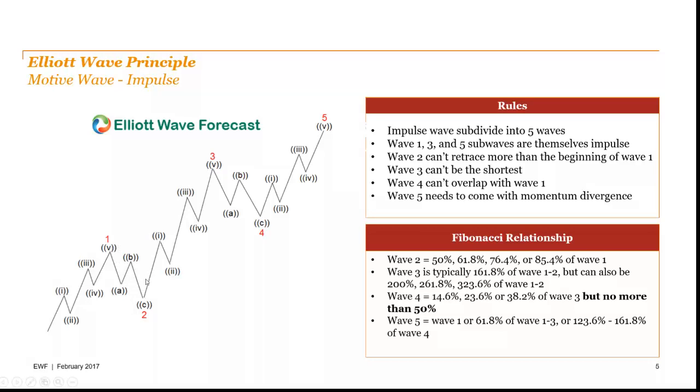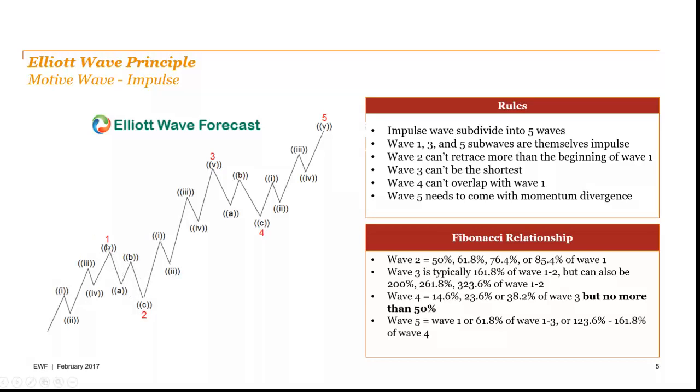In wave 4, it can be any corrective pattern. It can be a zigzag, flat, triangle, double zigzag. But in the example, I cannot give you all those different structures, right? So usually this is the standard way to show you guys what a wave 2 should be like. This is 3 waves, but in reality it can be any corrective structure.